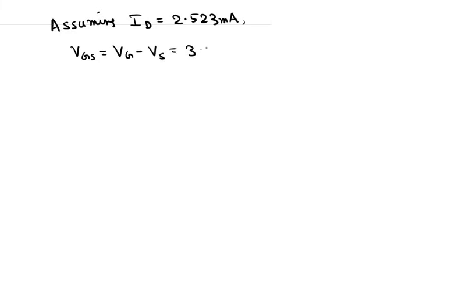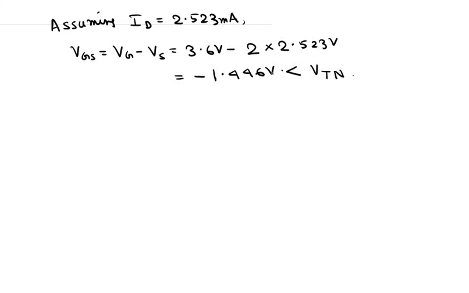Assuming ID is equal to 2.523 milliamperes, VGS is VG minus VS, where VG was 3.6 volts and VS is 2 into ID, which is 2 into 2.523 volts. So this is minus 1.446 volts, which is less than the threshold voltage VTN.